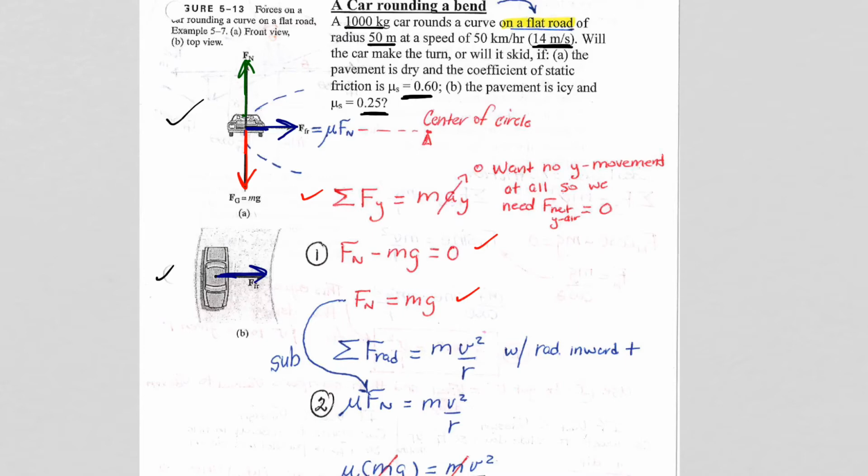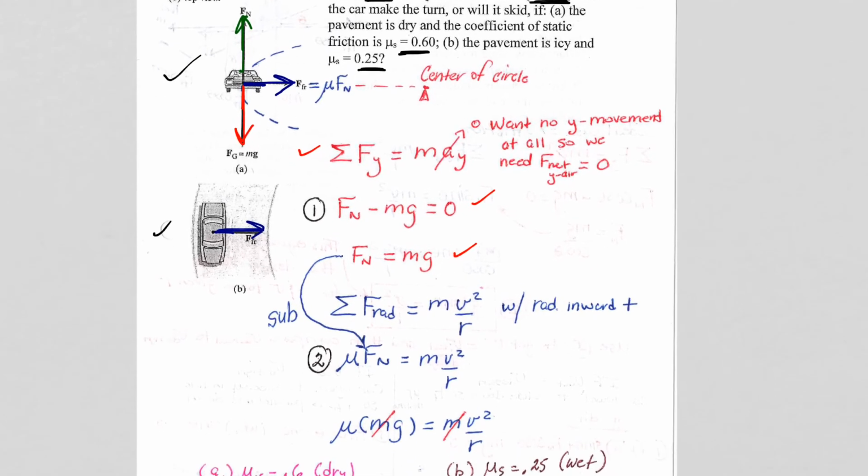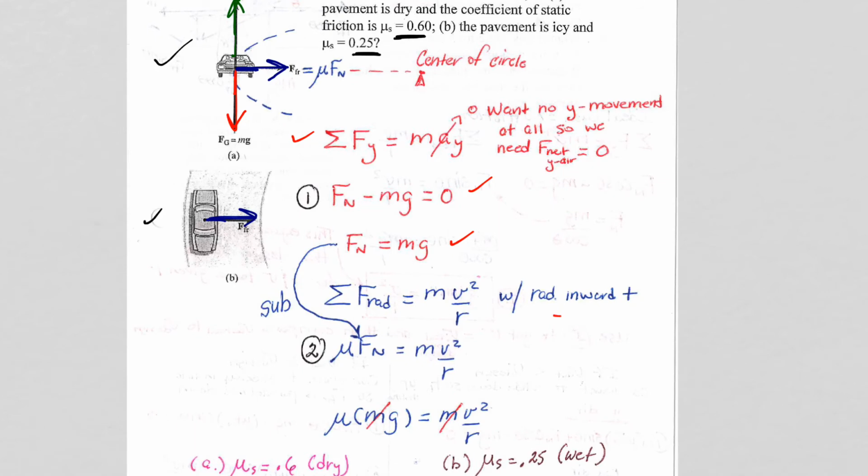We don't have a whole lot to analyze in the radial direction because there's only friction. Friction is radially inward, which we designate as the positive direction. Mu times the normal force, our frictional force radially inward, equals mv squared over r from our circular motion requirement for the acceleration.